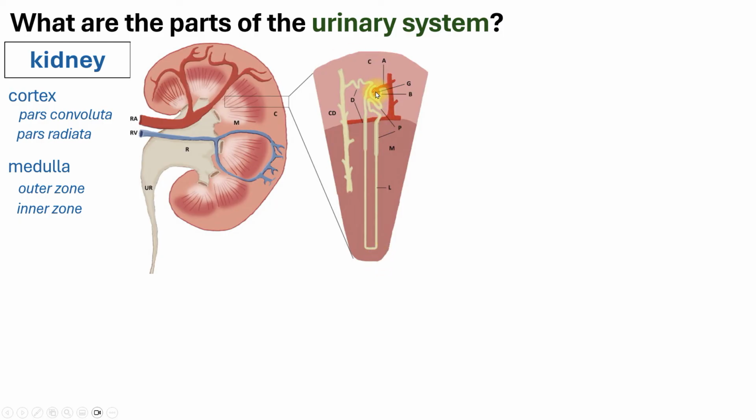So, of course, this is the glomerulus. Another, more general term for it would be the renal corpuscle. So this will be your renal corpuscle, and it's made up of your glomerulus, which is actually a tuft or a bunch of capillaries.